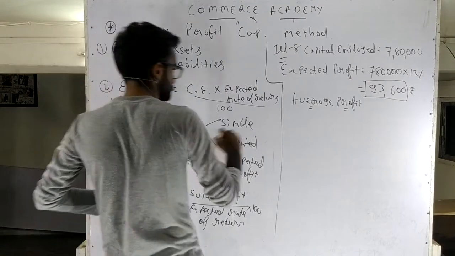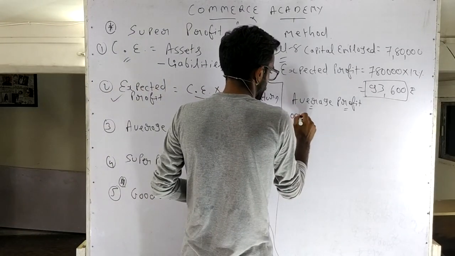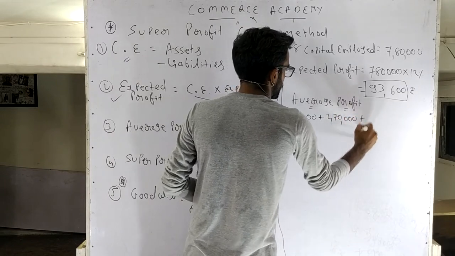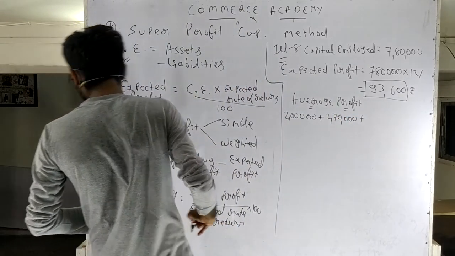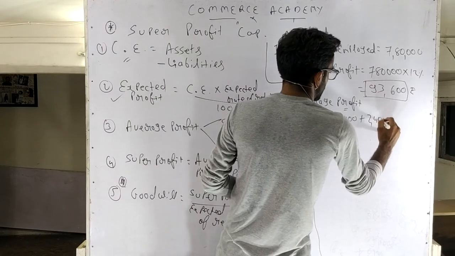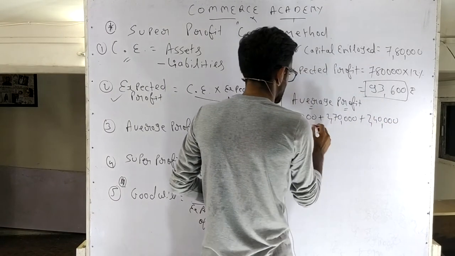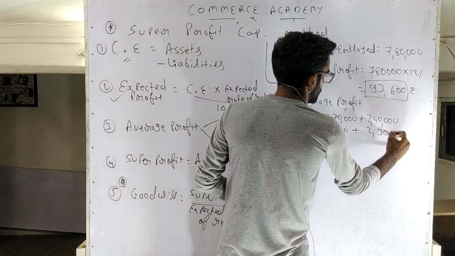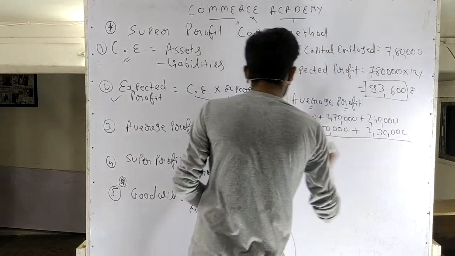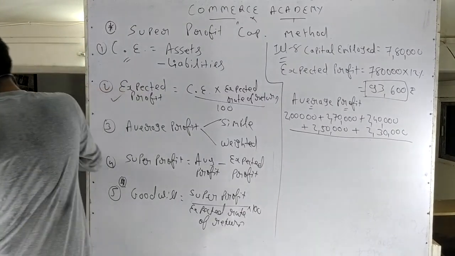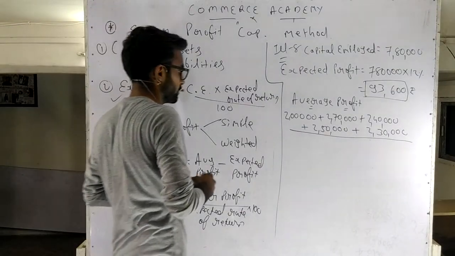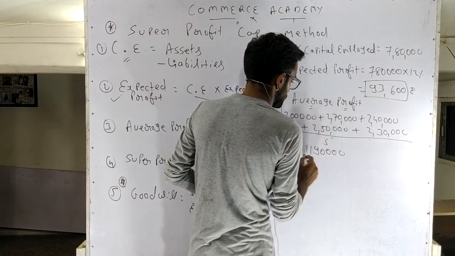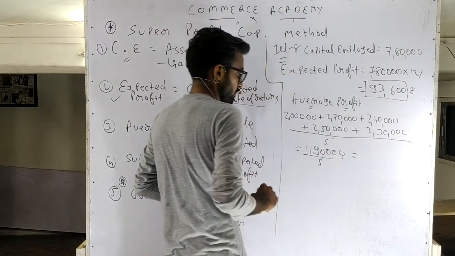Total of the profit: 2,70,000, 240, 2,50,000 plus 2,30,000, divided by how many years there are? 5 years. 11,90,000 divided by 5.